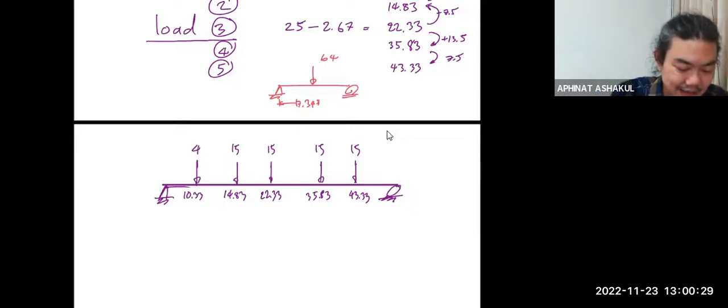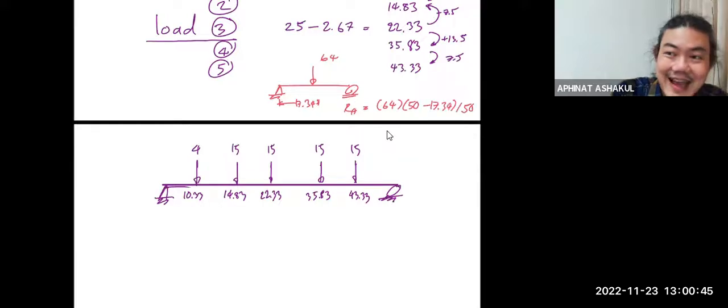So now, actually, RA is simply 64 multiplied by 50 minus 17.34, divided by 50. Exactly, just like what we had in PowerPoint.